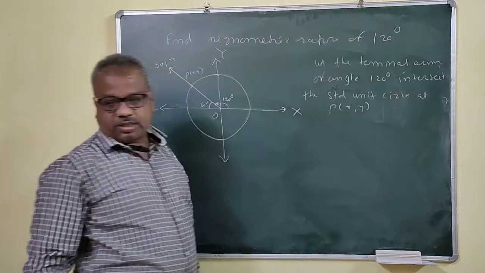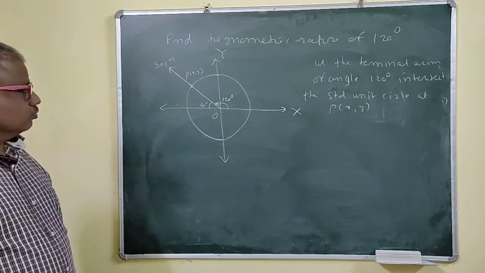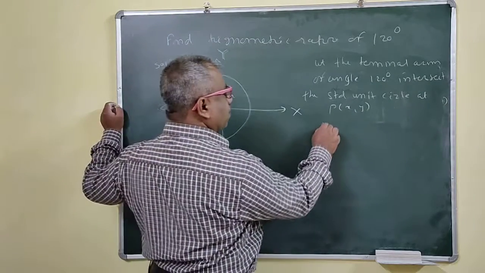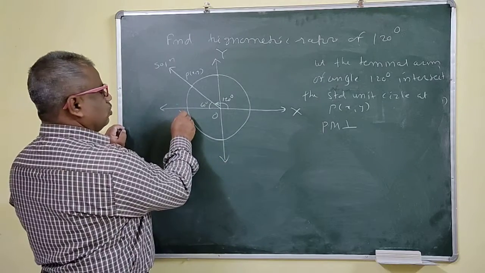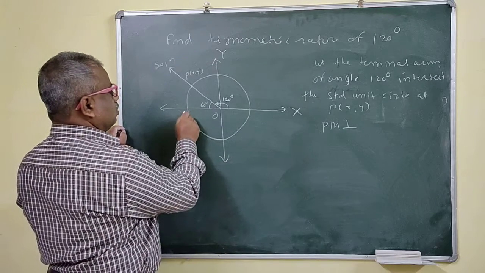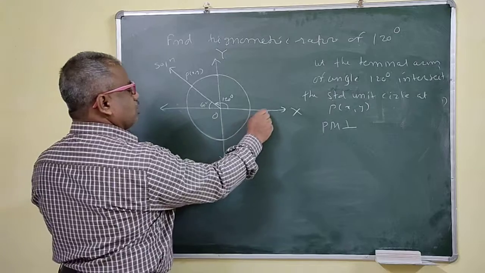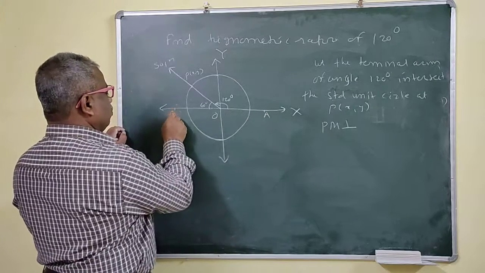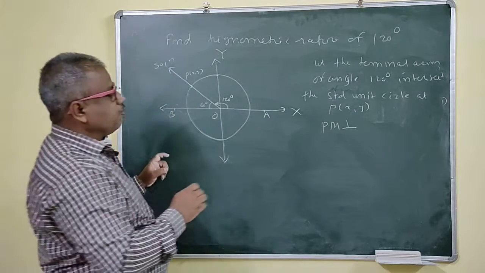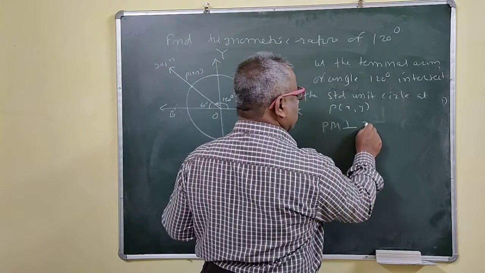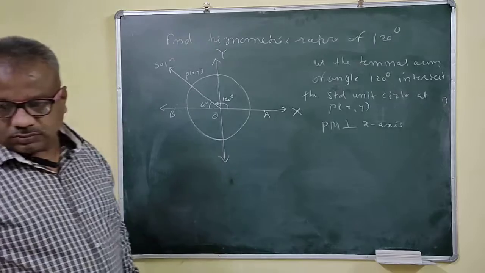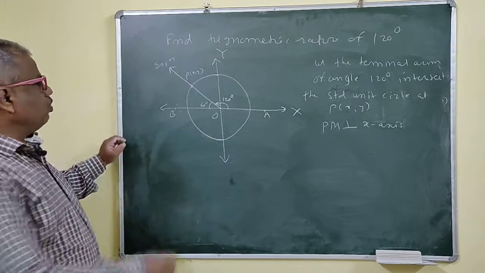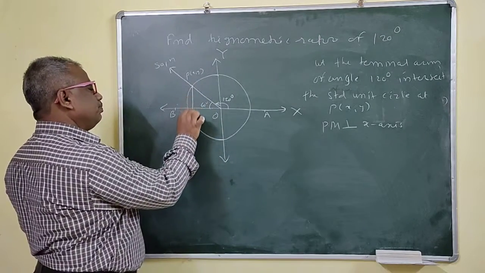Now we'll find the coordinates of P. Okay, so what we'll do now? Draw PM perpendicular to x axis. This is your A, we'll call this B now. We draw the perpendicular to the x axis, it doesn't matter. Right? Okay. So we draw this now. PM.